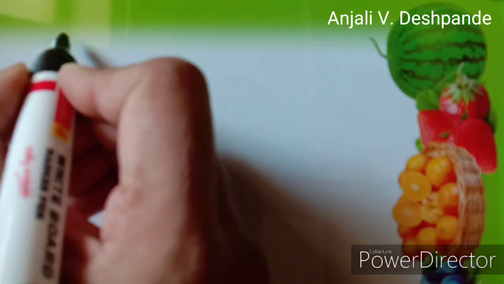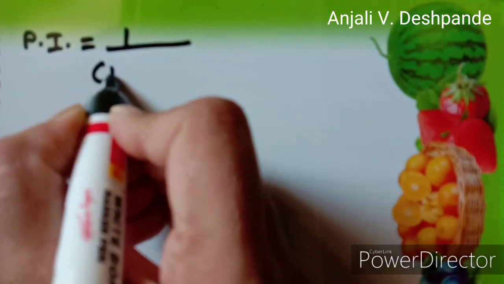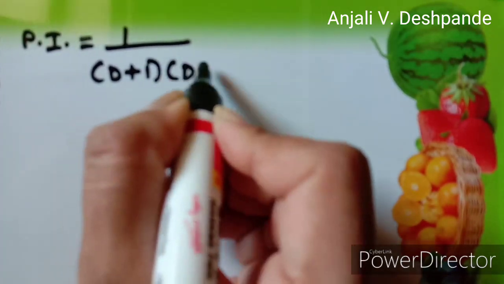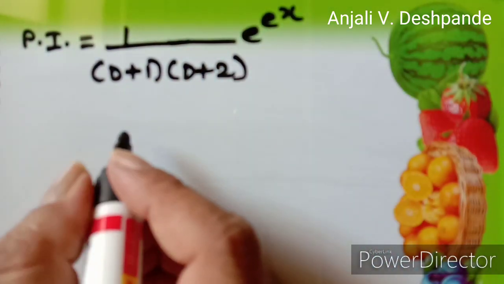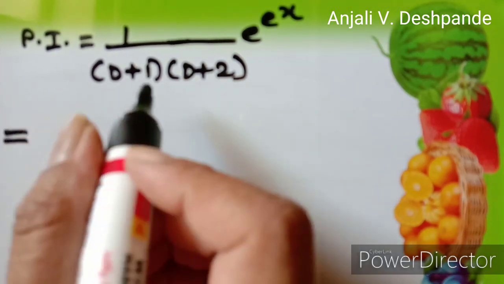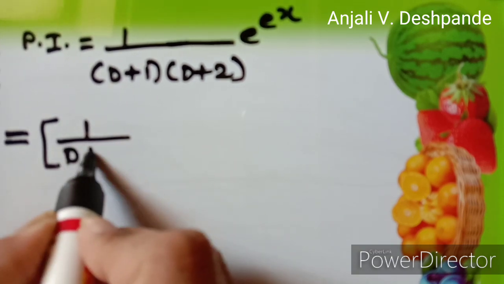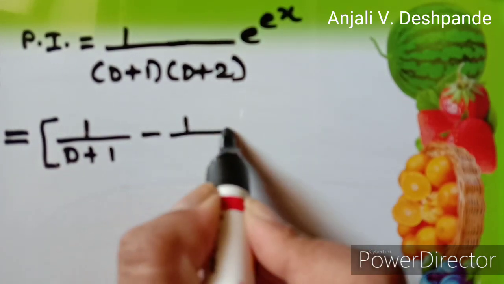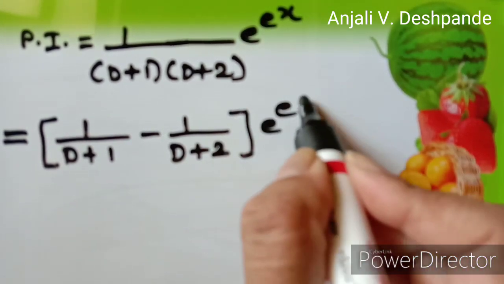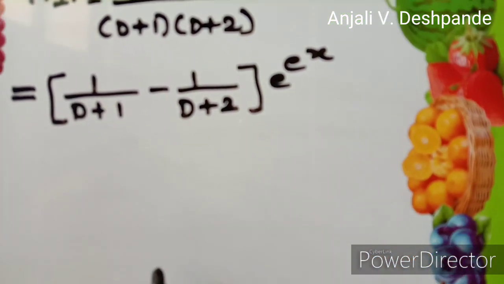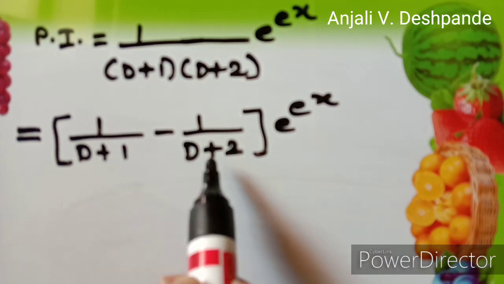Now we can write this PI equals 1 upon, first we will factorize, (D plus 1) into (D plus 2) e raised to x. Now we will split this into partial fractions. So this will be [1 upon D plus 1 minus 1 upon D plus 2] e raised to x. So we have split f(D) into the partial fractions.